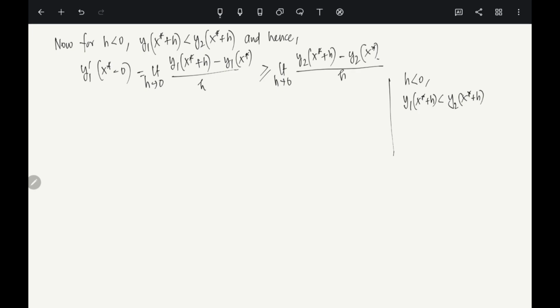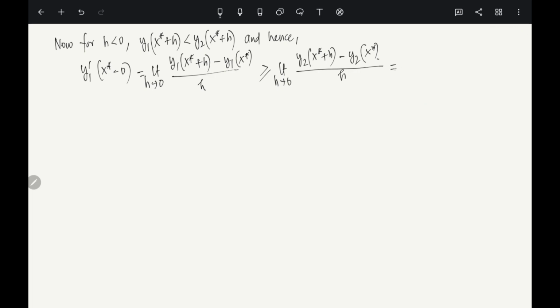And since y1 and y2 are the same at x star, y1 of x star plus h minus y1 of x star is dominated by y2 of x star plus h minus y2 of x star, right? And then I will divide it by h, but this h is negative, so the sign changes, and that is why this is greater than or equal to, clear? And the equals to is because I am taking the limit as h tends to 0.